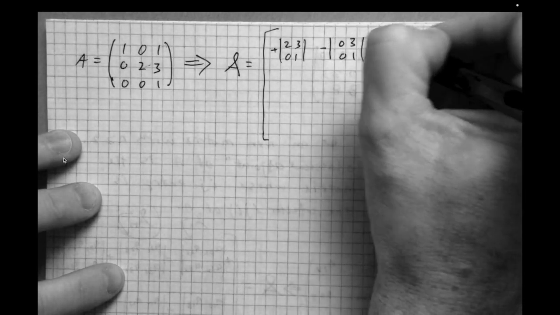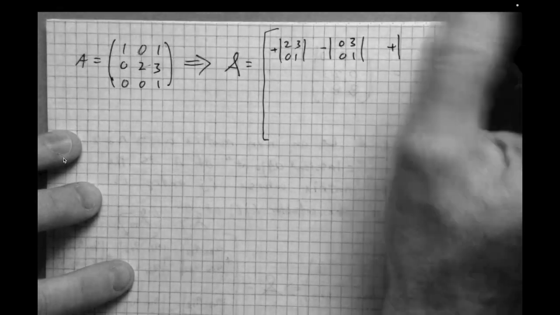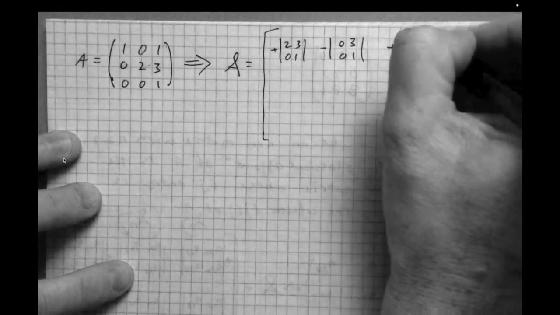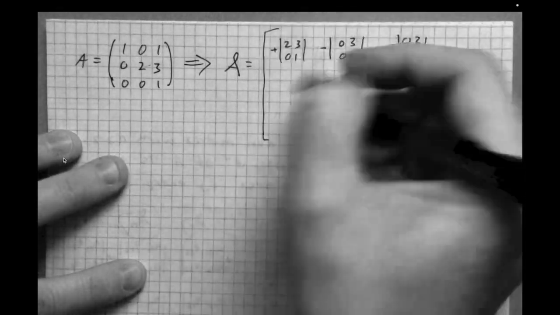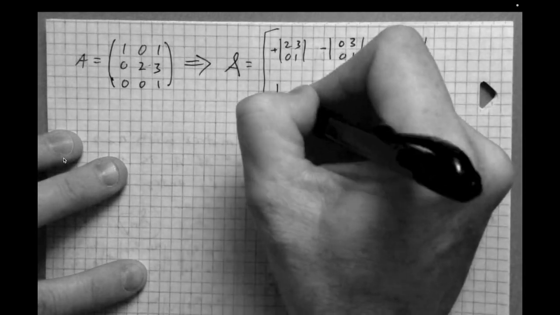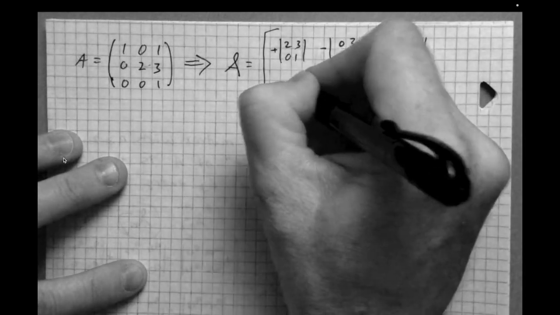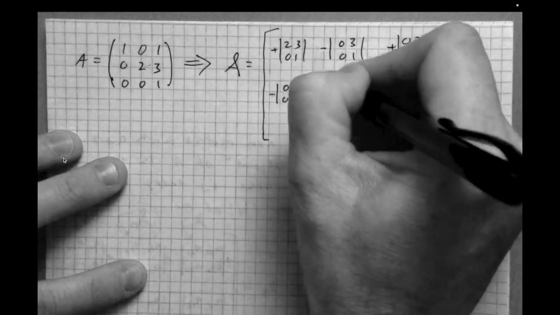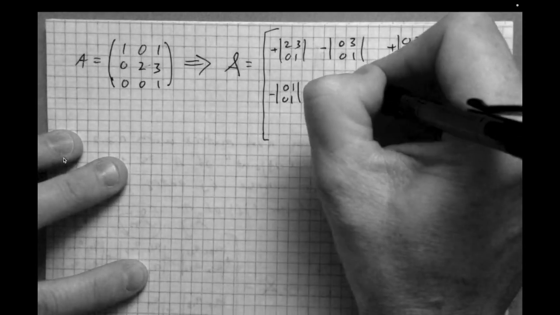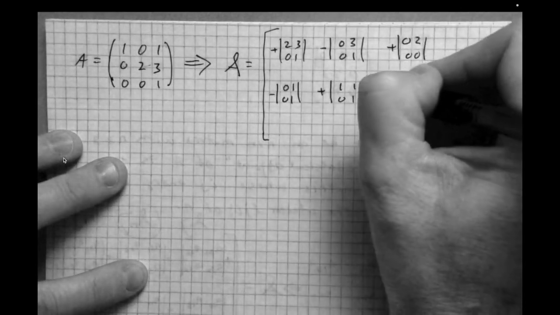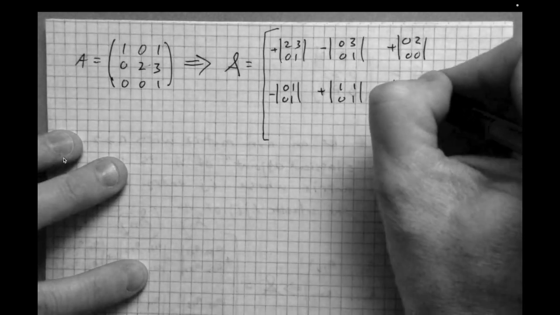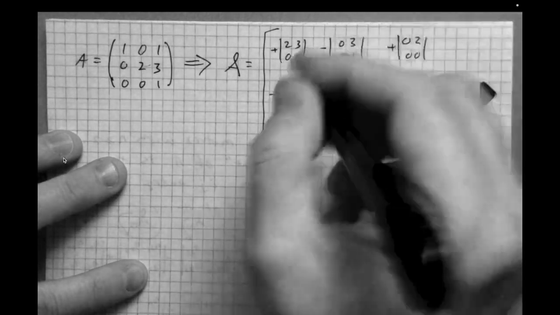Okay, and then the third entry on the first row would be 0, 2, 0, 0. Okay, and then you move down and it's going to be negative 0, 1, 0, 1. And then it's positive 1, 1, 0, 1. And then it's negative 1, 0, 0, 0.